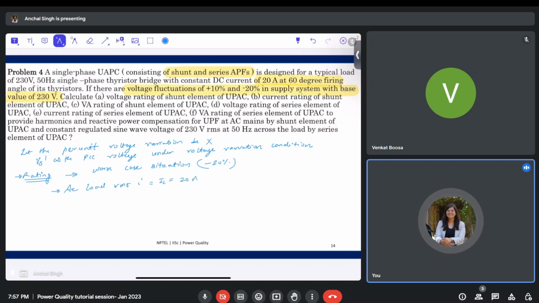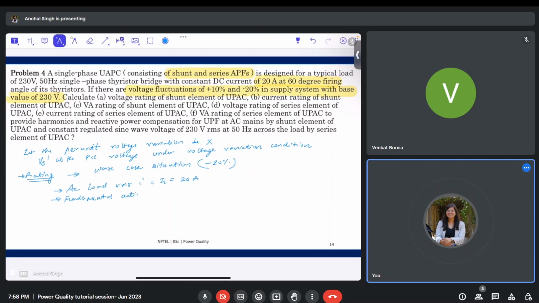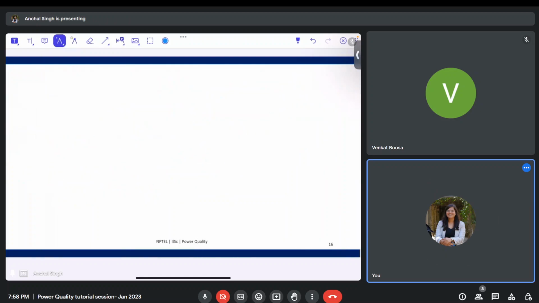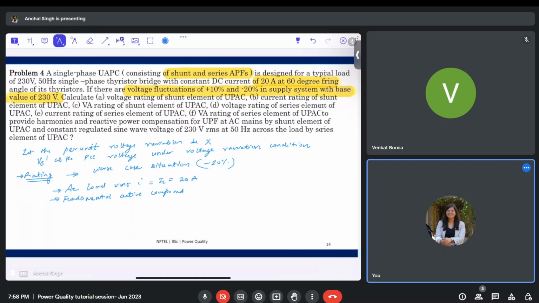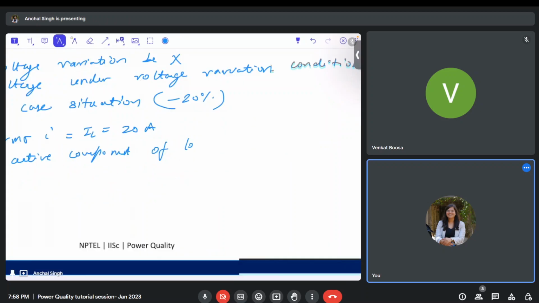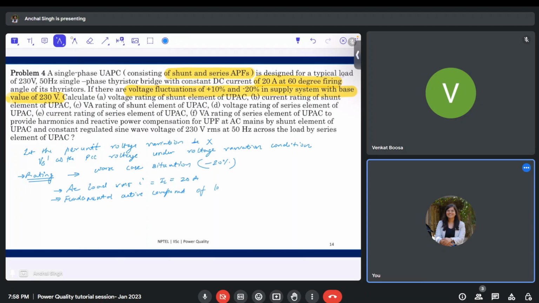Again, the same thyristor bridge constant DC current, and the fundamental active component of load current will be given as IL1A, which is IL1 cos alpha, which is 0.9 into 20 into cos 60 this time. This value will come out to be 9 ampere.